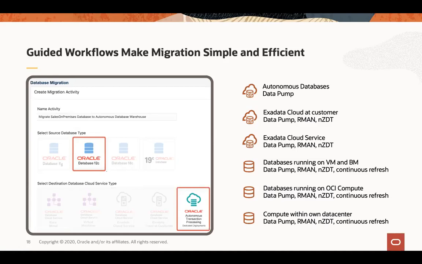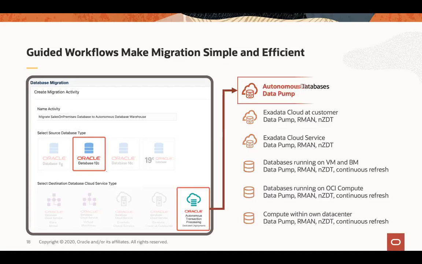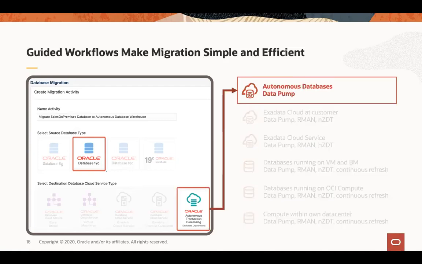And then based on this, Enterprise Manager and the Migration Workbench will recommend the migration vehicle. In this case, it'll be Data Pump, and then go through the various steps that we talked about earlier. As I mentioned, this is currently available for migration from on-premise to cloud. We'll be providing additional cloud variants throughout the year, and also an on-premise to on-premise solution as well.